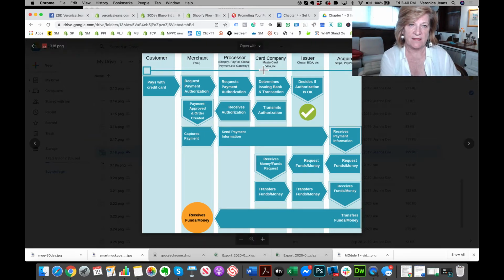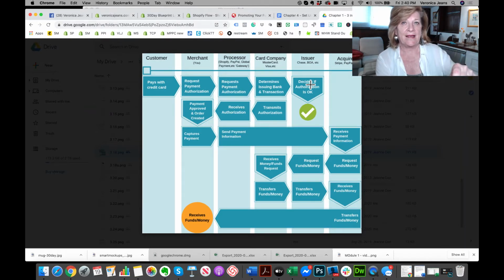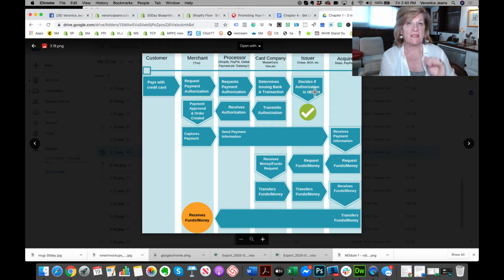So that card determines which bank the card belongs to. Then that goes through to the issuer, which is the bank of your customer, and it decides if the authorization is okay.